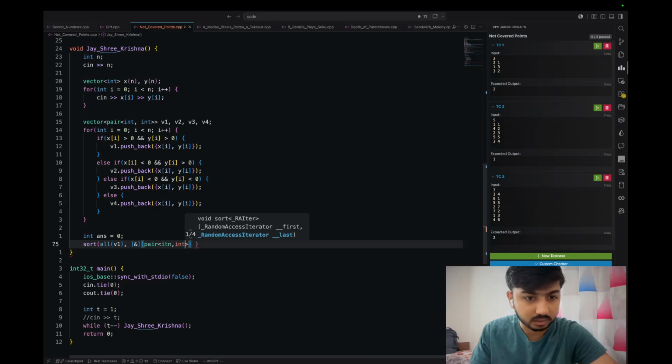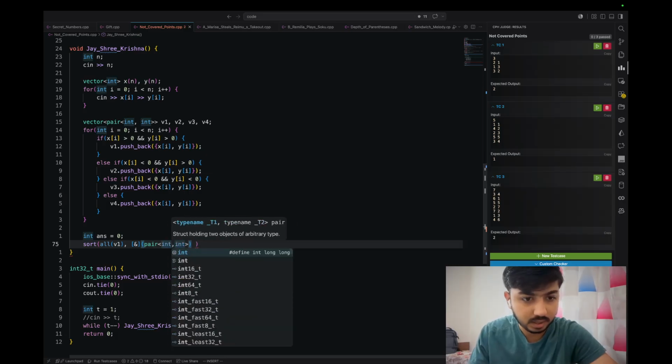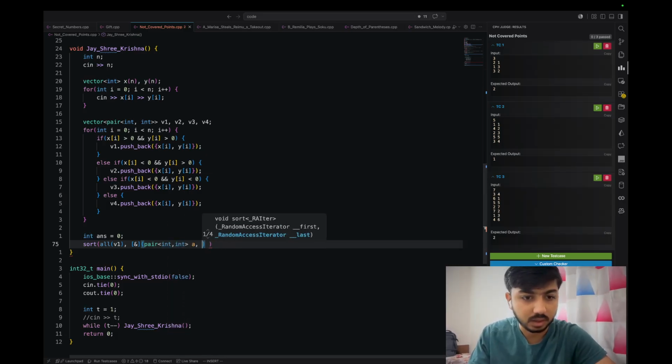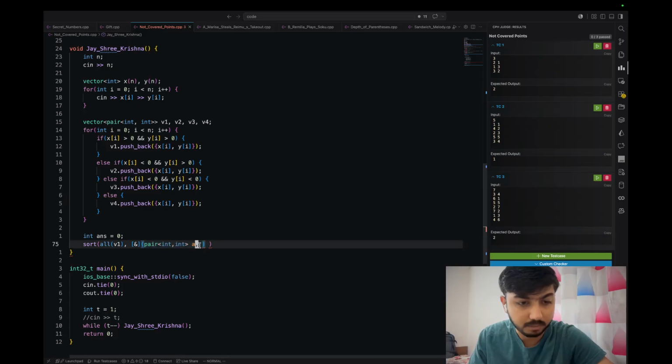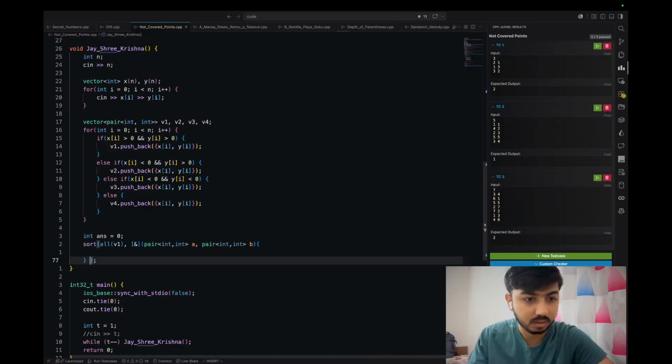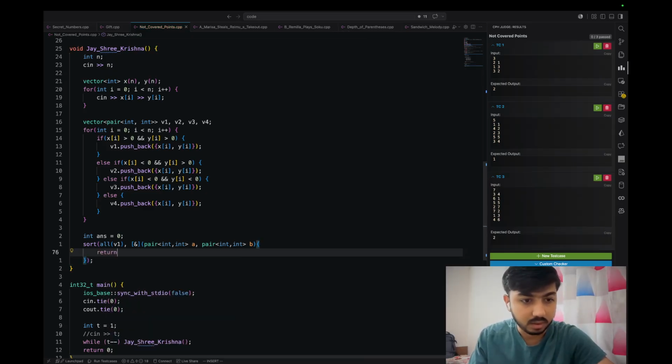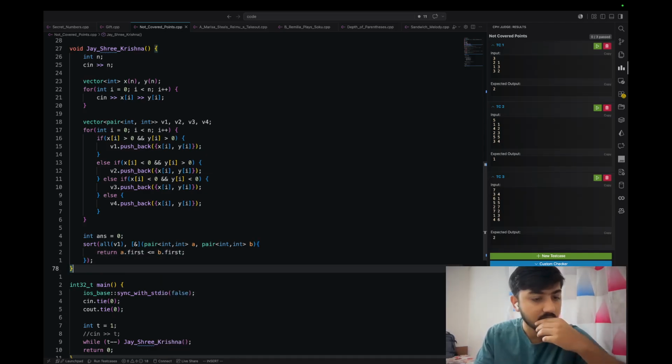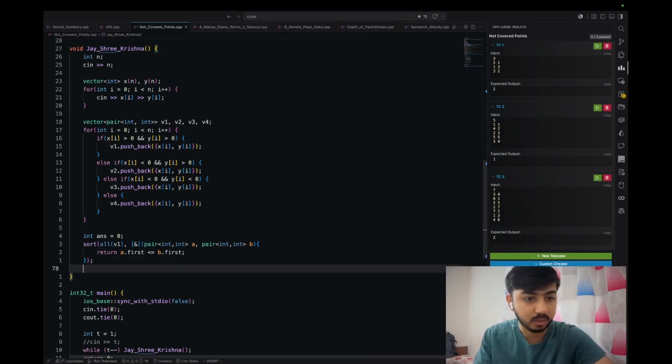We have a pair A and a pair B. Return A dot first less than B dot first. Okay, cool.